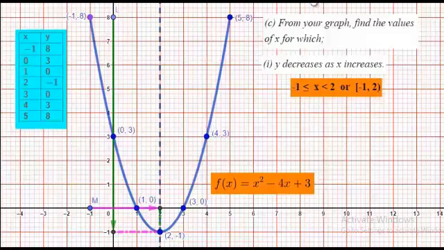Let's see our next question. The next question is, from your graph, find the values of x for which y increases as x increases. Here we want to find where on the graph both x and y values are increasing.